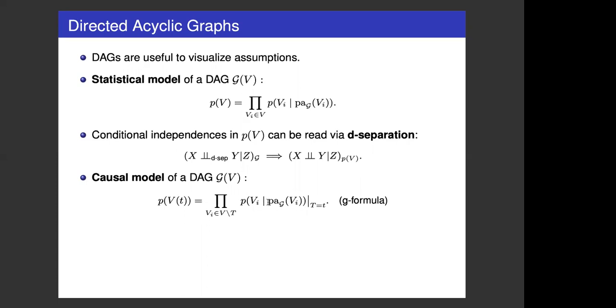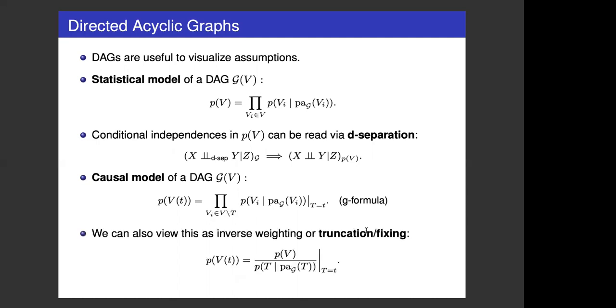It's very similar to the DAG factorization, except that this product excludes the treatment T and is evaluated at T equals little t. So the G formula can be viewed as truncating, or just dropping, the density of T given its parents, which is also known as the propensity score.